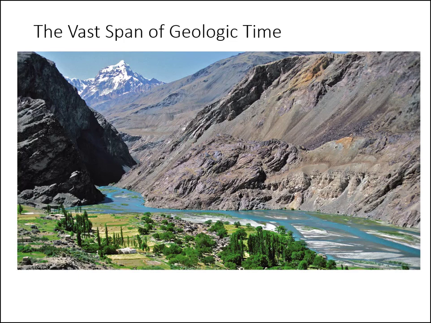A guiding principle of earth science is uniformitarianism. This basically tells us that the present is the key to the past, which assumes that the same physical processes active in the environment today have been operating throughout geologic time. For example, if streams carve valleys now, like we see in this slide, they must have done the same thing 500 million years ago.